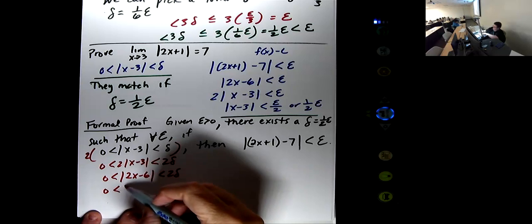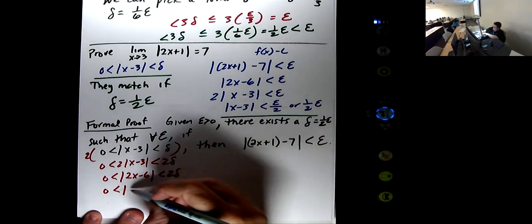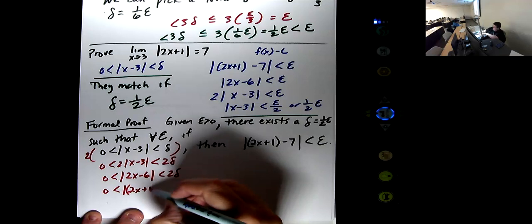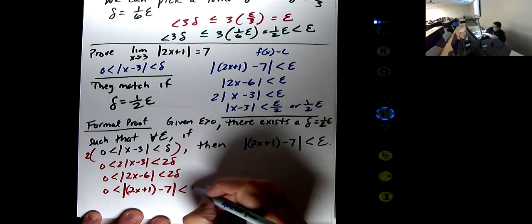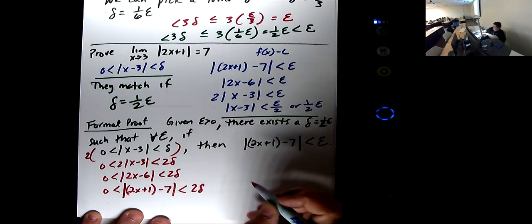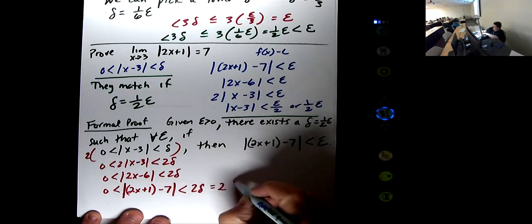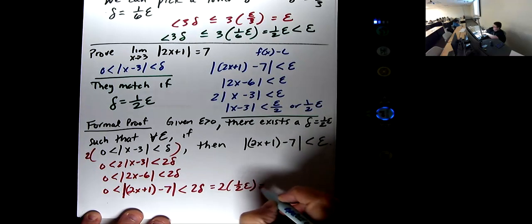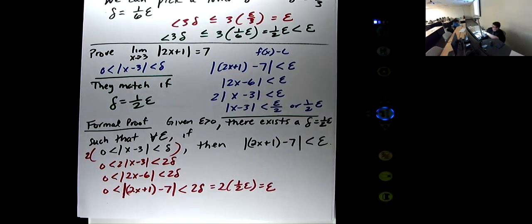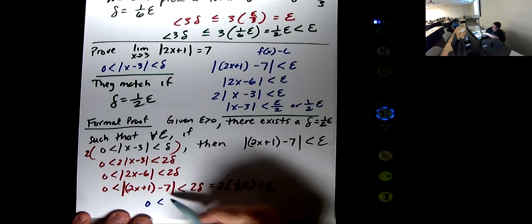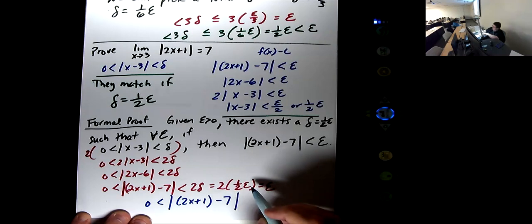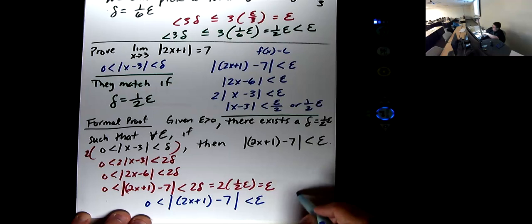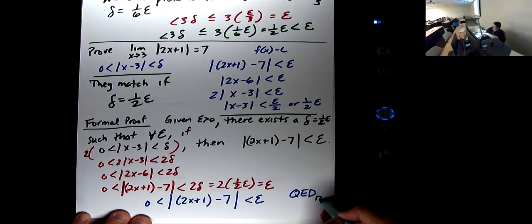Zero is less than the absolute value of 2x plus 1 minus 7, which is less than 2 delta, which equals 2 times 1/2 epsilon, which is epsilon. So 0 is less than the absolute value of 2x plus 1 minus 7, which is less than epsilon. QED box.